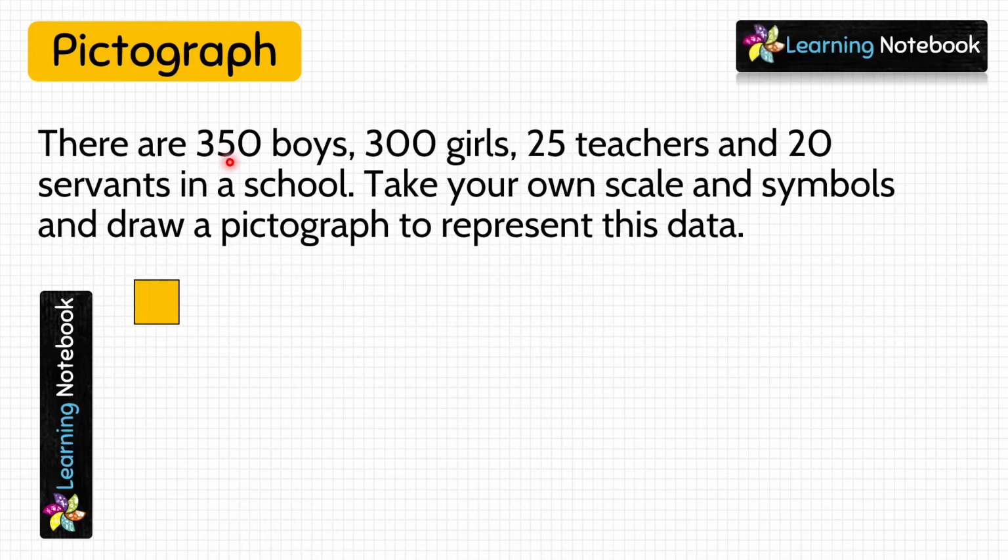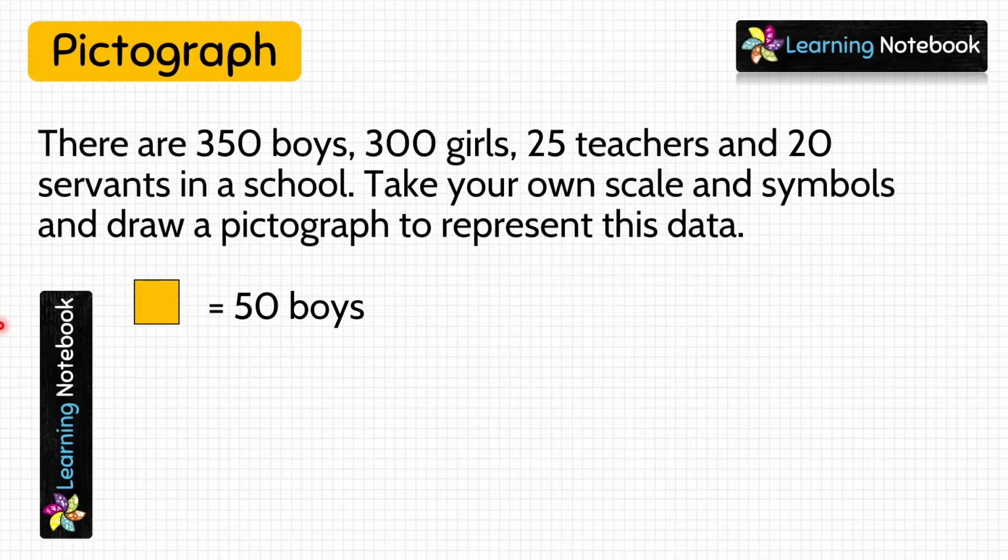Students, we cannot take the scale as 5 boys because it is too small. And similarly, scale of 100 boys would be too large. So let's take a scale of 50 boys. That is, each square is going to represent 50 boys.